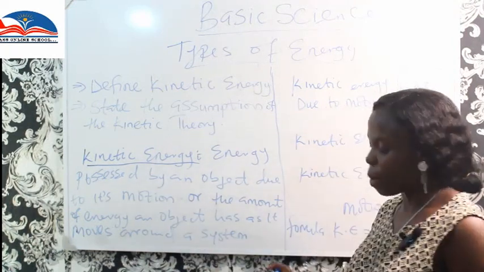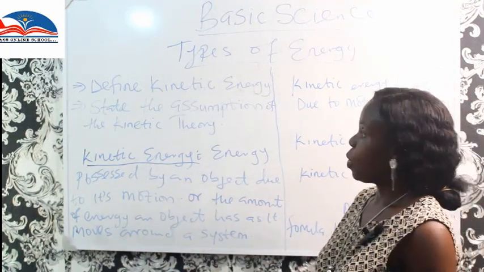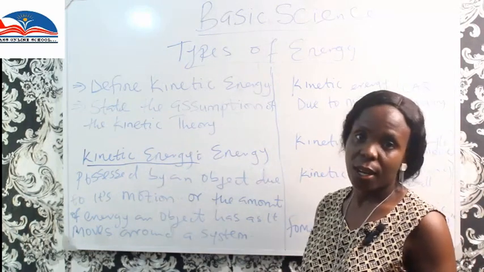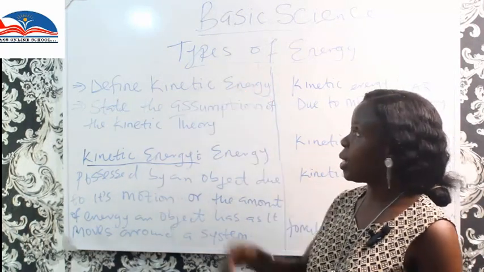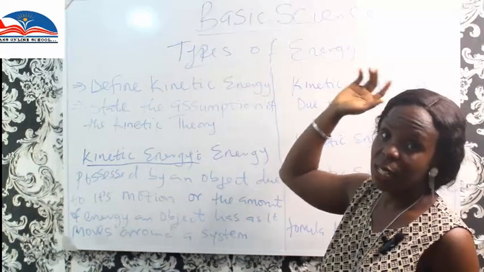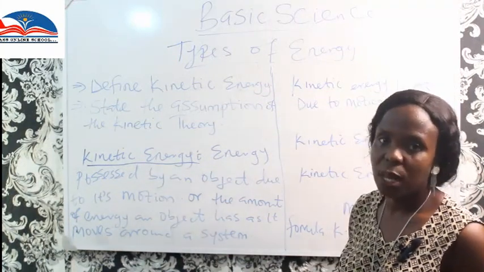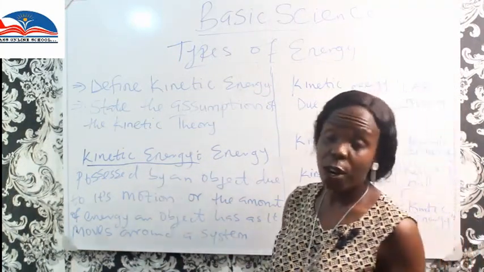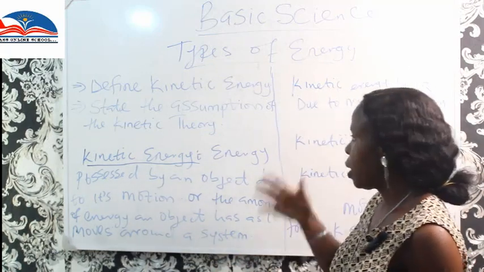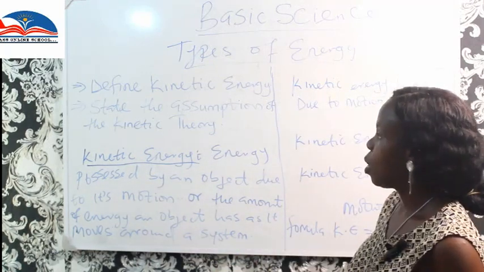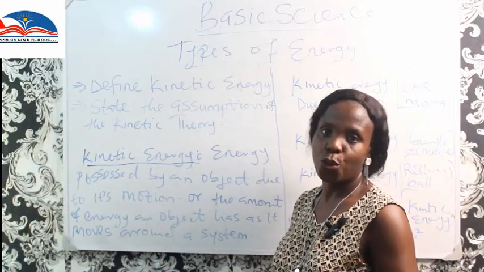Now let's look at some assumptions of the kinetic theory. So you have known what kinetic energy is. Remember, we're looking at types of energy, and kinetic energy is the number one energy we are going to talk about. Look at our second objective, state the assumptions of the kinetic theory.